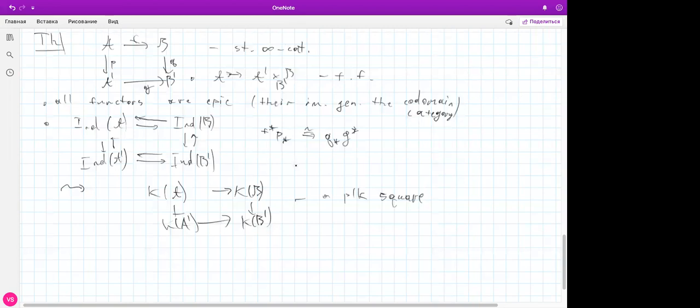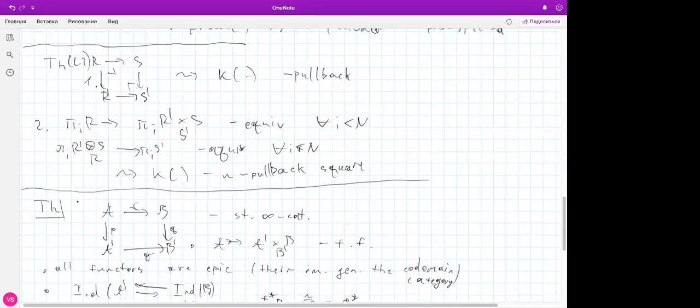And that motivates a definition, which I'm going to write. Such a square is in the theorem called a Milnor square of stable infinity categories. Yeah, so this is our result.